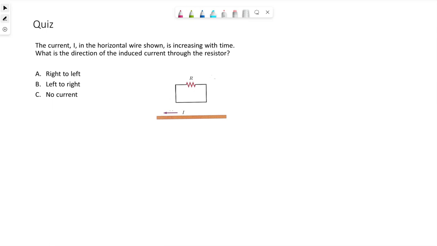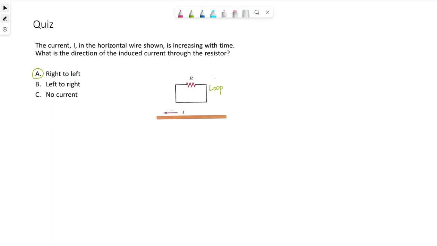The correct answer in this case is A. So similarly, we need to know if the flux through our loop is changing. So our loop is this rectangle up here. This loop is not connected to a battery. It's not connected to a power source. So the only way it would have current flowing through it is by way of induced current.